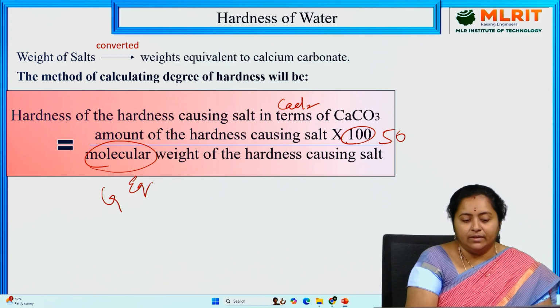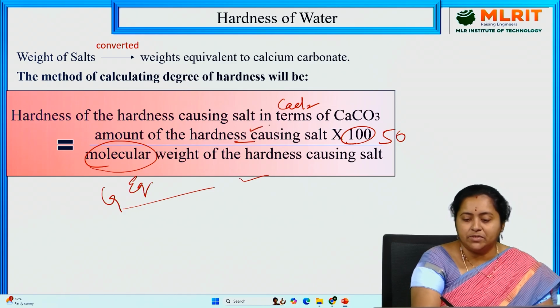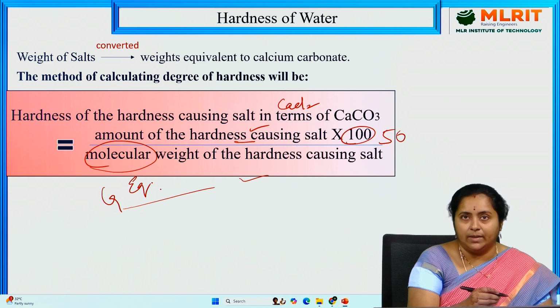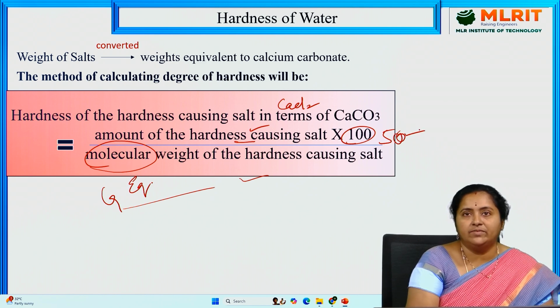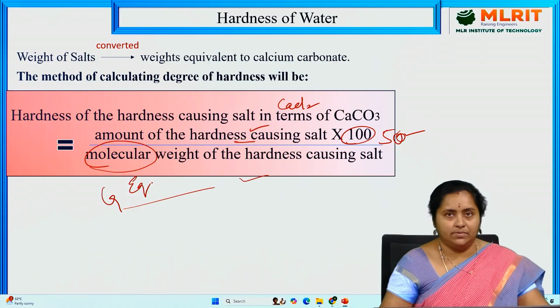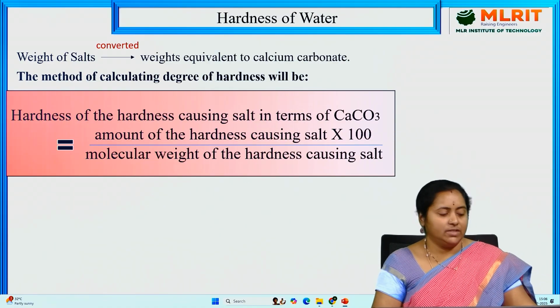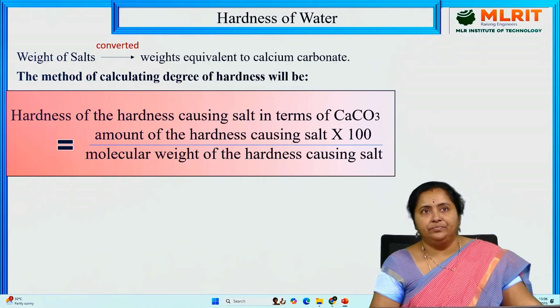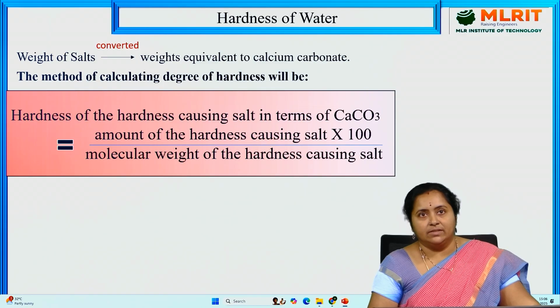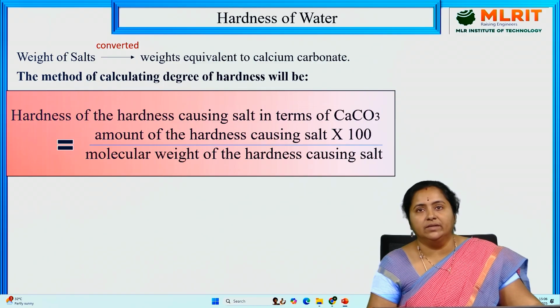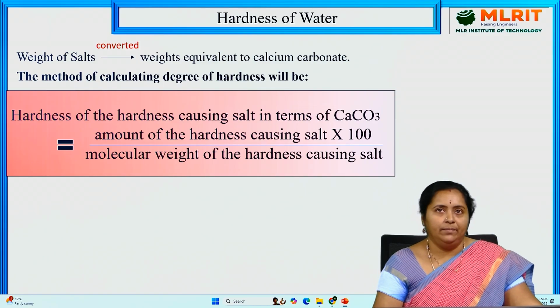Then we have to calculate its gram equivalent weight and substitute the amount here, divided by the CaCl2 gram equivalent weight, into 50, the gram equivalent weight of CaCO3. So using this formula we can express the hardness causing salt's weight in terms of CaCO3 gram equivalents.